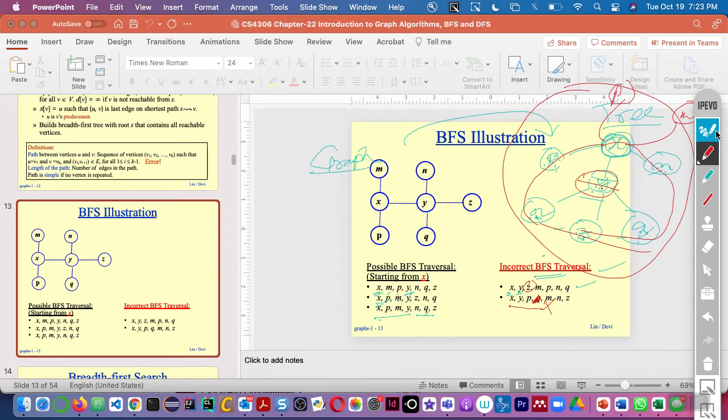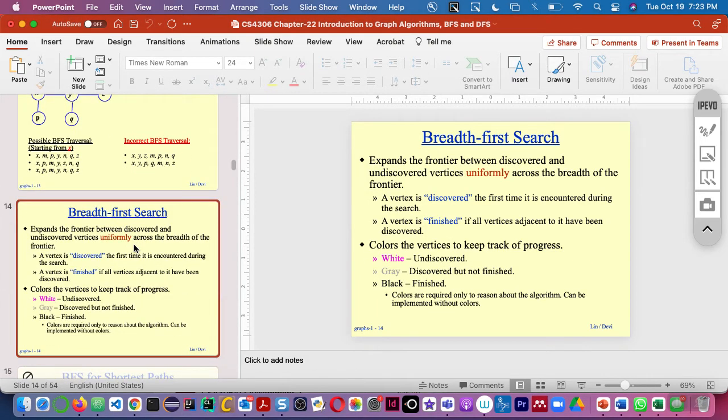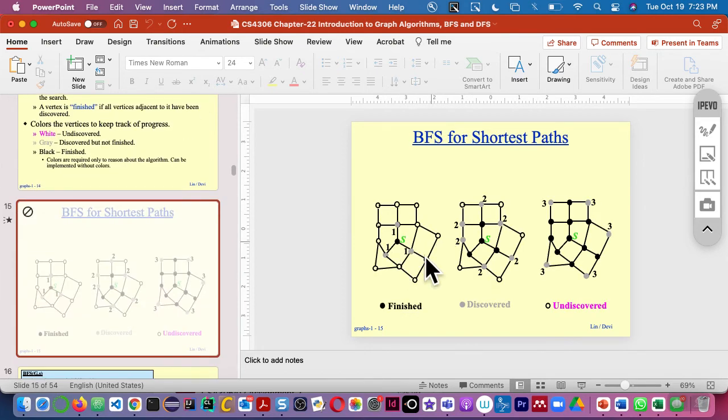Okay, now let us take a break for the depth first search. It is a little bit complicated. Why is the depth first search a little bit complicated? As I said, the following few slides show some colorful images with directions.